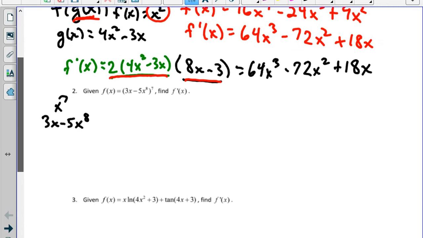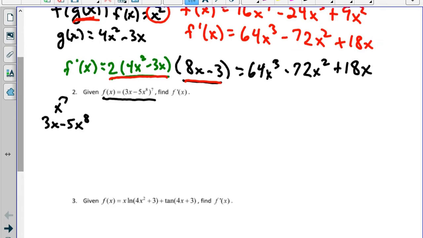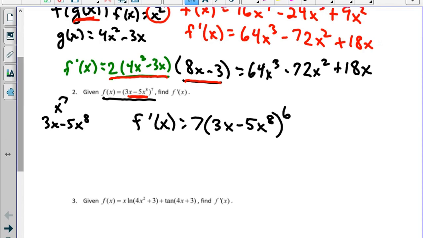So what I'm going to do here is take the derivative of the outer layer, so that's 7 times this thing to the 6th power, and then I'm going to take the derivative of that inner layer and multiply it to the end. So that ends up being 3 minus 40x to the 7th. So this is the derivative of this function.